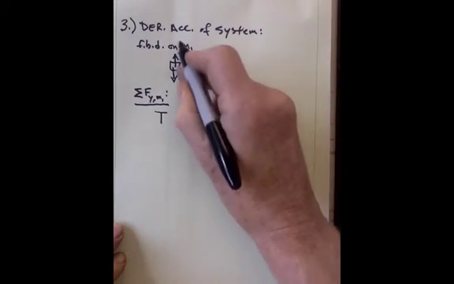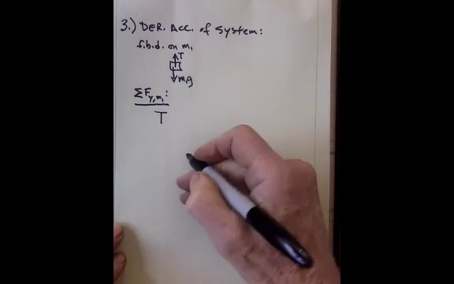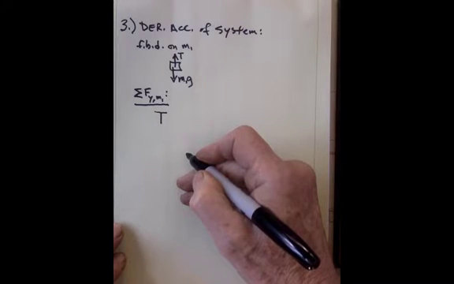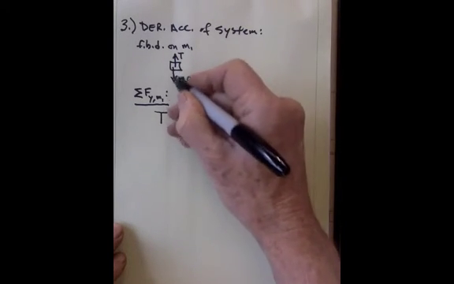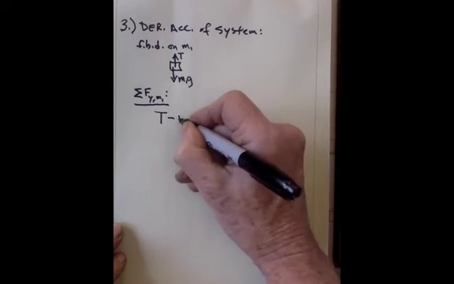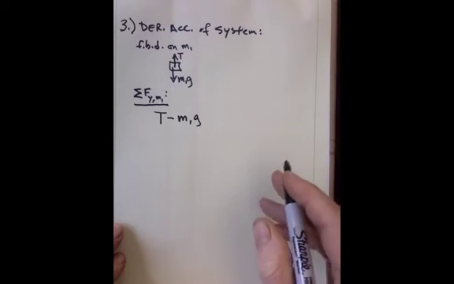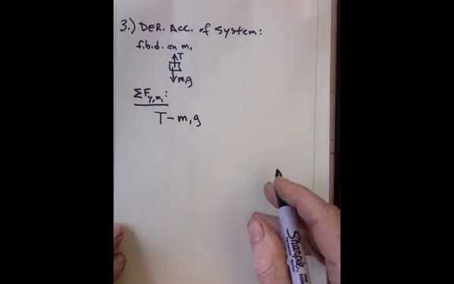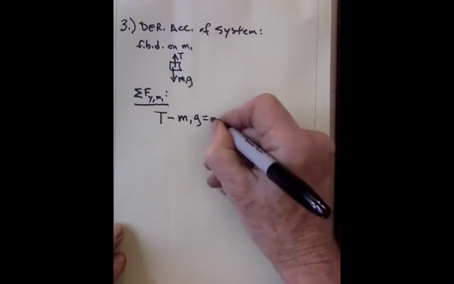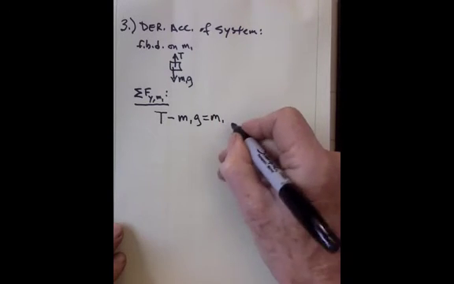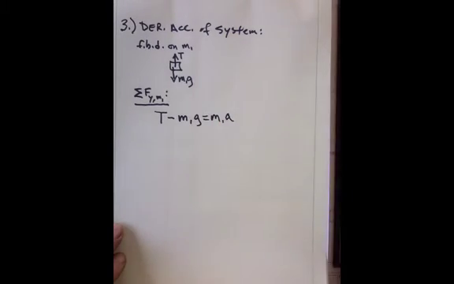Because it's up, I'm making up positive, so it's a positive force. Gravity is in the negative direction, so I'm going to put minus m1g. And that's the sum of the forces in the y direction. According to Newton's second law, that will equal the mass of that body times the acceleration of that body. So there is my Newton's second law expression.